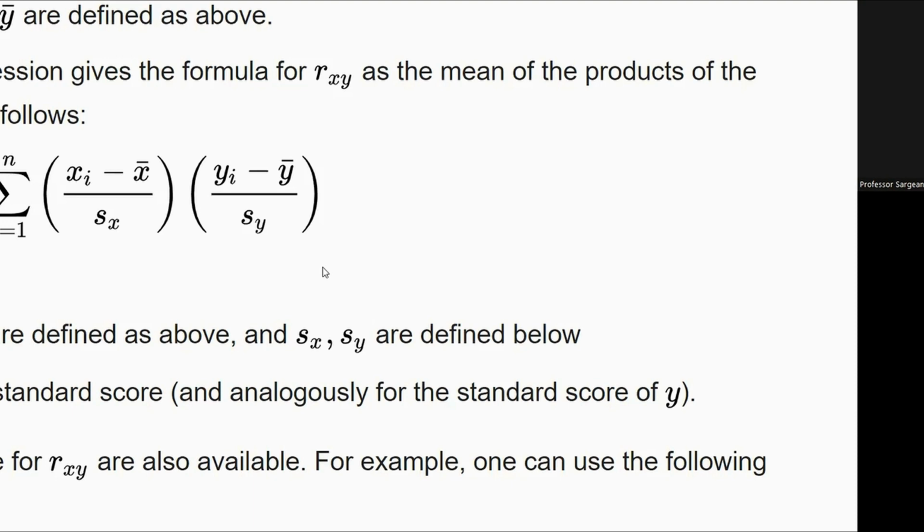Then when you compute the means, X bar would be in feet, Y bar would be in gallons, the standard deviation of the X's would be in feet, the standard deviation of Y's would be in gallons. And so each of these standardized scores here, for the X's, you'd have feet minus feet over something in feet. So feet over feet, the feet units would cancel out.